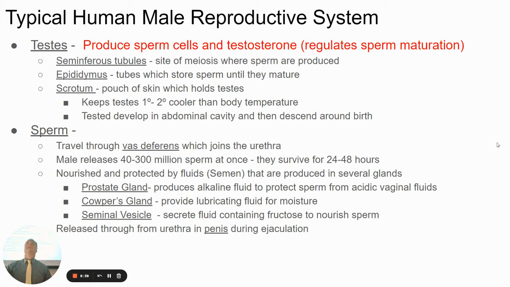It also regulates sperm maturation. Okay. And so the testes themselves produce sperm sort of constantly after puberty. And we're talking about differences between ovaries and testes, and that testes produce sperm continuously.